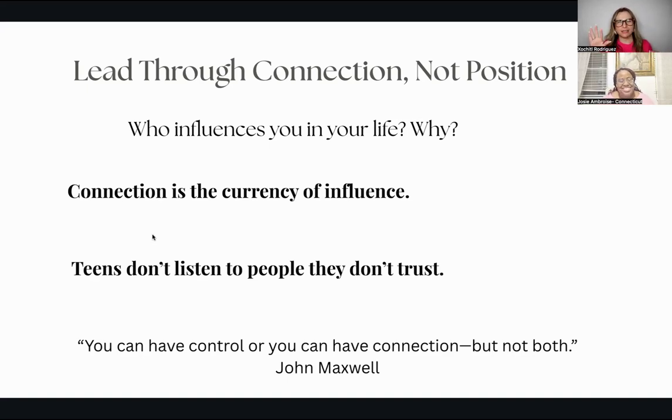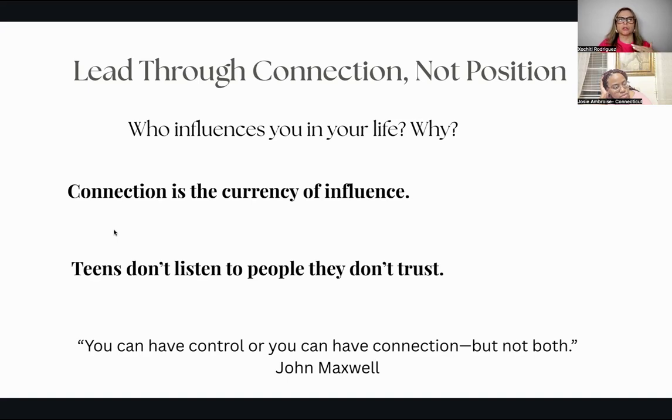Don't even get me started with Taylor Swift, because I adore her. Anyway, that connection is your currency for influence. So build that connection with your teenager, not fighting with them every day, regulating your emotions before you react to their attitude, their slamming doors, their being isolated, their being on their phones all the time, and things like that.